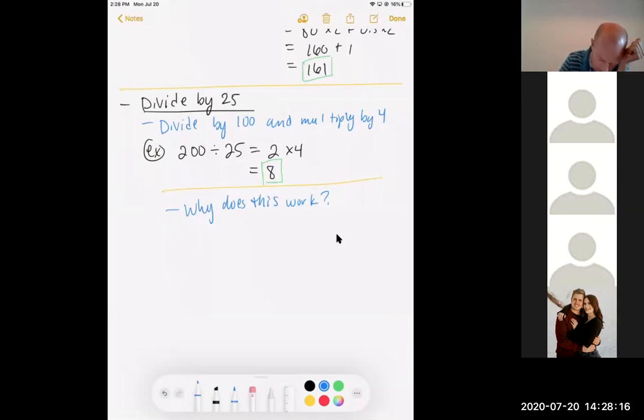So one thing we can do is get started. So I have some number A and divide by 25. Okay. So why does this work? I need to show dividing by 100 multiplying by 4 to be equivalent to divide by 25.